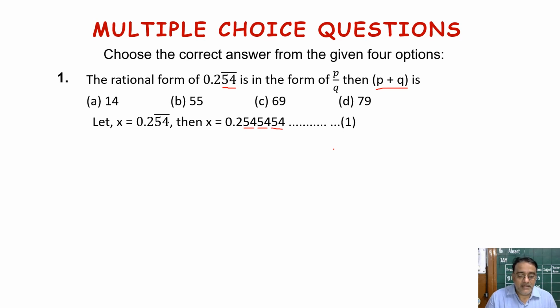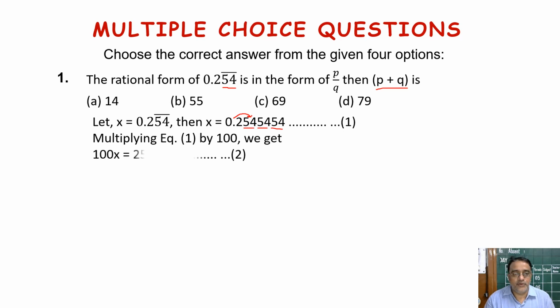Now multiply with 100, or you can multiply with 1000 also. So if you multiply with 100, this decimal point will move towards here. So we will get 100x is equal to 25.4545, and so on.